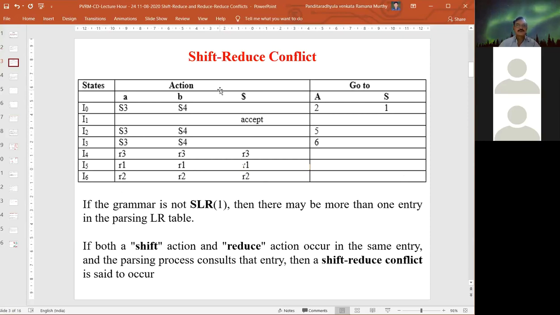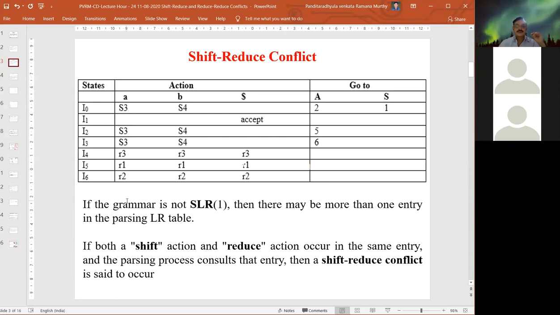The terminal symbols are a, b, and dollar, and the non-terminal symbols are A and S. But here we are getting exactly one entry for each row and column pair, as there is no conflict. But if any pair of row and column, that means the state and terminal or non-terminal, has more than one entry, either more than one shift action or a shift and reduce action, then we call it a conflict.